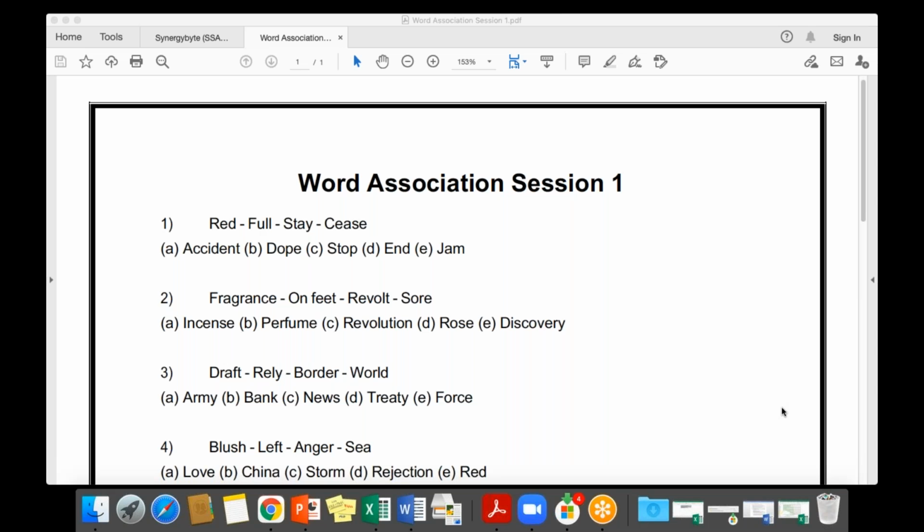How is treaty related to the word rely? Anyone?